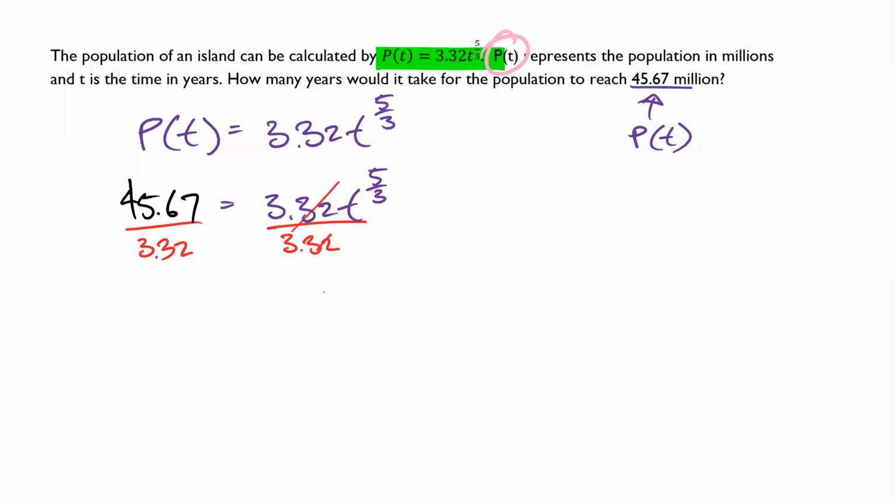Did you get 13.756021? Because I did. So let's write that in. 13 point, and we're going to try to be accurate, but 13.756 seems to be a pretty good number, because the next digit is 0, it's not going to change anything. So 13.756 is equal to t to the exponent 5 over 3.